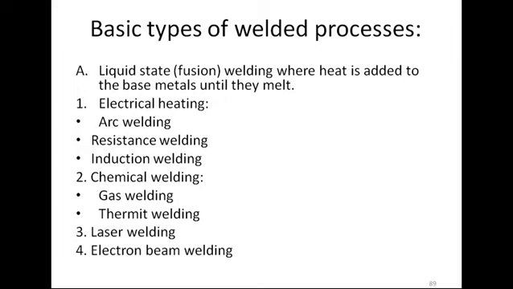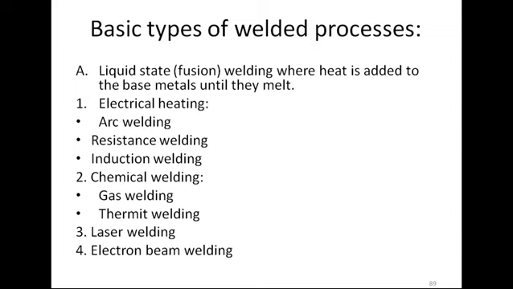Now we are going to see the basic types of welding processes. How many types of welding processes are available in industry? The first one is liquid state or fusion welding, where heat is added to the base metal until it melts.